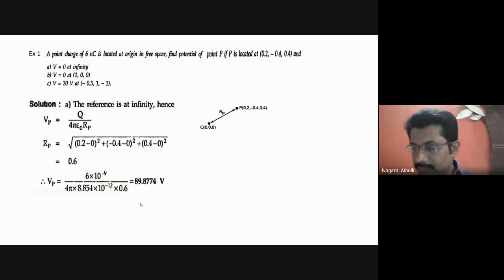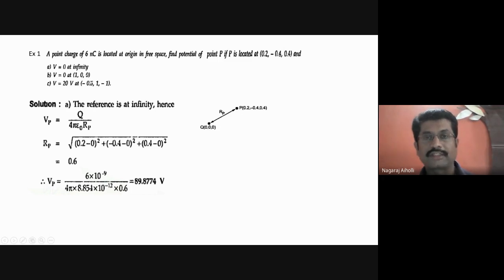For the second condition, V is equal to 0 at (1, 0, 0). The reference is not at infinity, but it is at this given point. In such a case, what will be the equation for the potential of point P? Now the reference is not at infinity; it is at this particular coordinate.